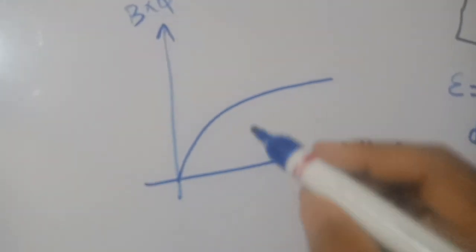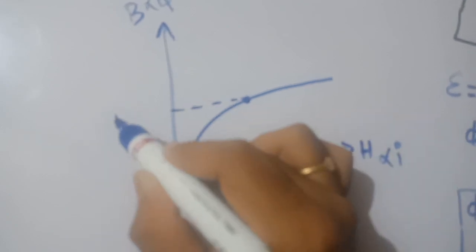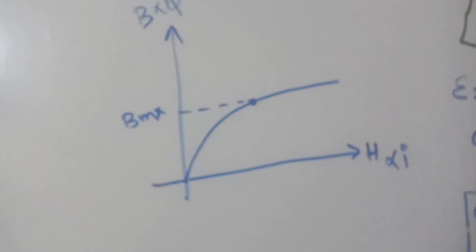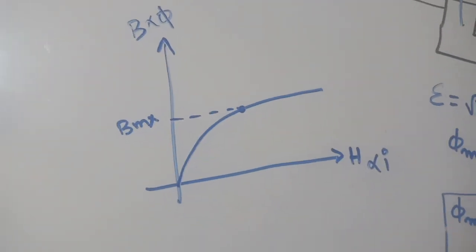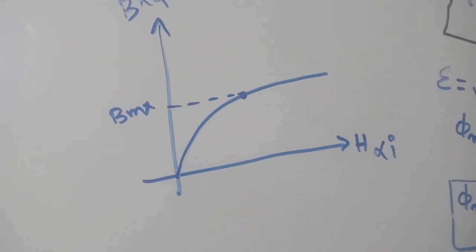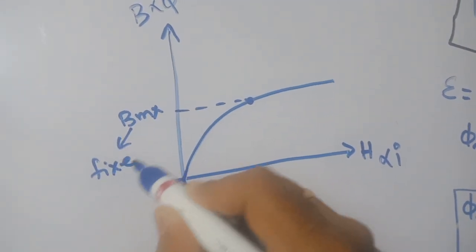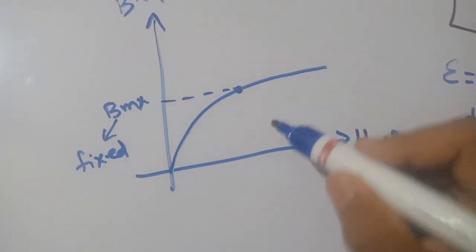Now let us assume at this point this is the B max. As B max is directly proportional to phi max, and phi max is fixed by E and F, which are pretty constant, B max will be fixed. So this will be fixed irrespective of the material used.